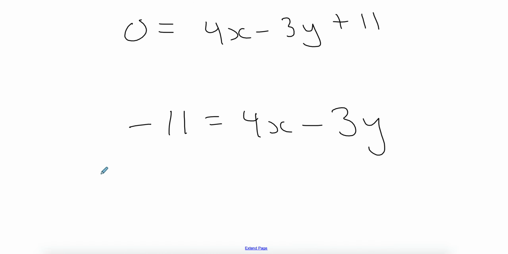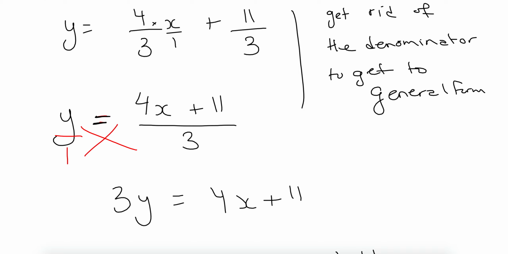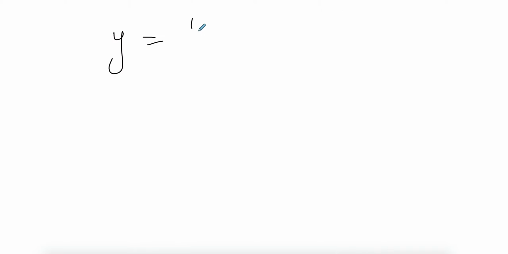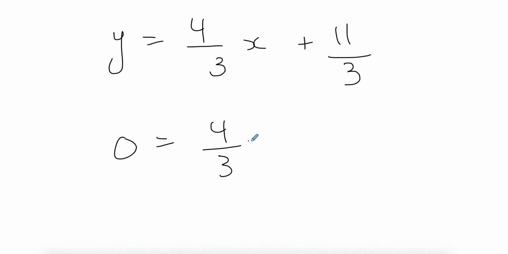One thing you need to note is that some of you might have thought, well, if I have this, then I can just simply go 4 over 3x minus y plus 11 over 3.